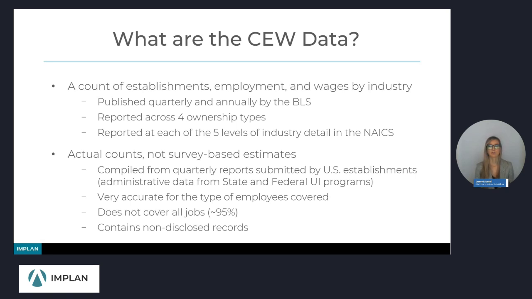And so they'll have a record that'll tell you the industry name and code for that county, and the number of establishments in that industry, but it'll be missing the associated employment and wages data for that record. And we're going to see that in the next slide.